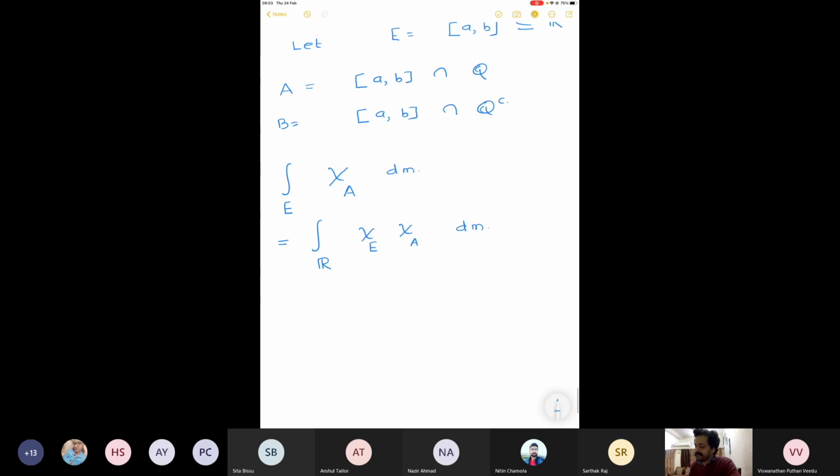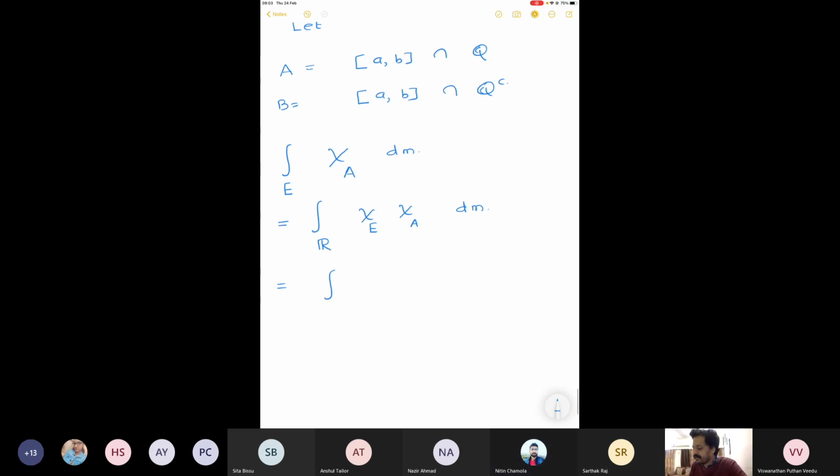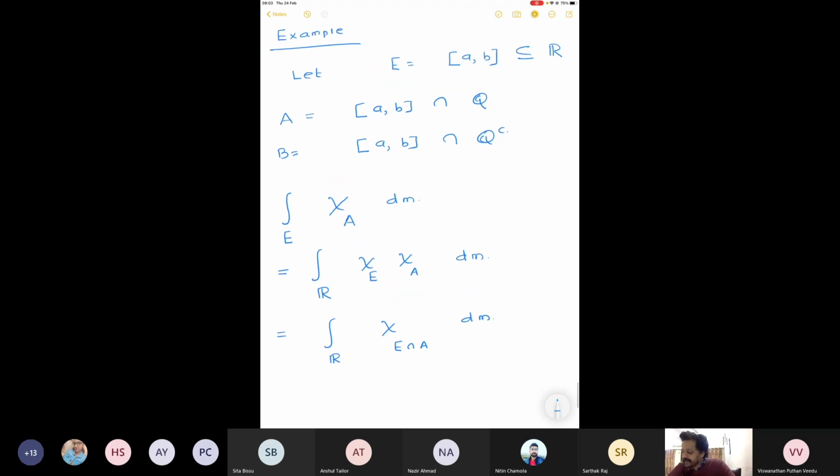Yes, sir. Now what is this? That is integration over R. What is chi E times chi A? I have given you a property. This is chi of E intersection A dm. Right? But what is chi of E intersection A?